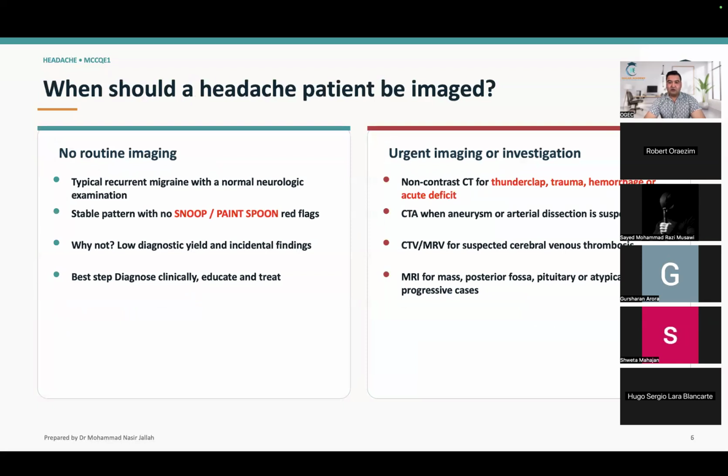Now, do I have to X-ray and do a CT scan or order imaging for all my patients? No. No routine imaging. For who? Typical recurrent migraine with a normal neurological examination. You know your patient.